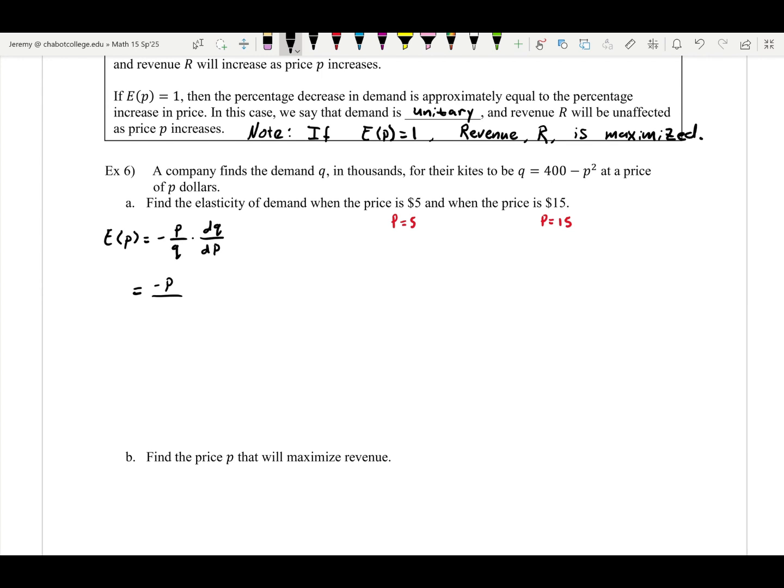Q we can replace with this expression that we're given, which defines Q in terms of P. So Q, I'm going to substitute in 400 minus P squared times, now we want to multiply by the derivative of Q, so take the derivative of 400 minus P squared, and we just get negative 2P to the first power. So just applying a power rule to this over here.